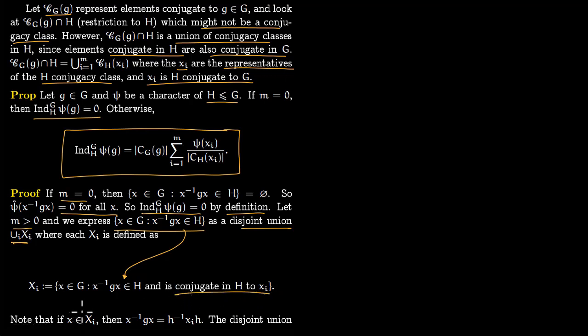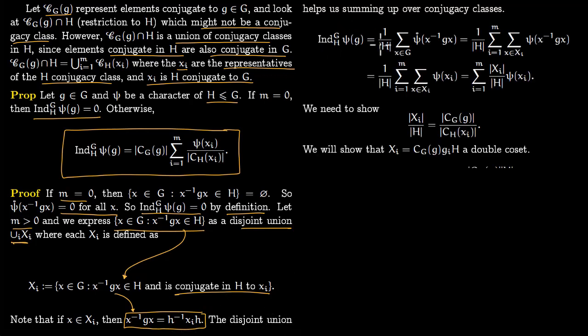What we will use is that if x belongs to X_i, then x inverse g x lies in H and is conjugate to x_i, so it should look like h inverse x_i h. This is what we are going to repeatedly use for x_i. Now the disjoint union helps us with summing. So this is our formula for the induced character.